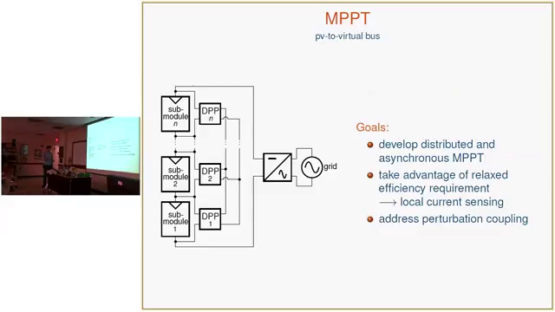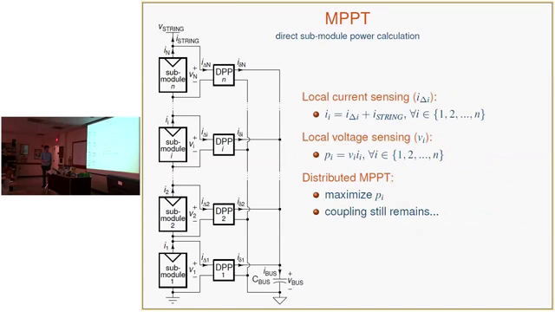One of the ways that I'm going to show that you can do that is to take advantage of the relaxed efficiency requirement for the DPPs, and you can sense current locally, and I'll show why that's beneficial in a second. Also, I'll show how I'm going to address the perturbation coupling problem. So if you can get away with using inefficient converters, you can implement converters that sense current locally, and if somehow you had access to the string current, you can calculate the submodule current.